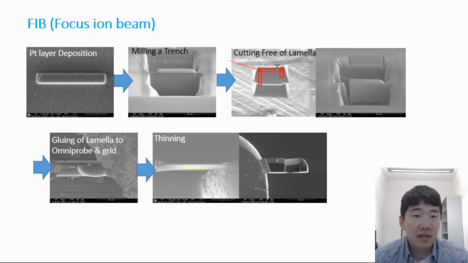For the last one, I prepared the FIB. The focused ion beam instrument is really versatile and is becoming much more readily available nowadays. I'm going to separately post a video introducing FIB sample preparation, but in this video I just point out several general things. When preparing a TEM specimen with FIB, we can think of it as a built-in ion milling system in an SEM, the scanning electron microscope.